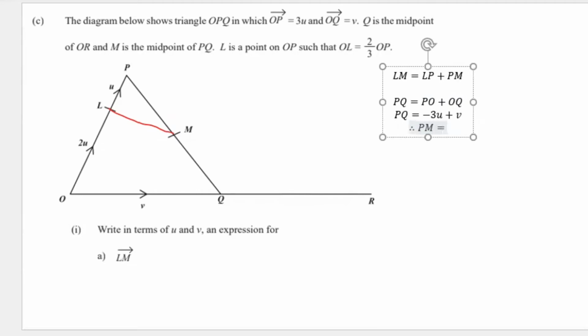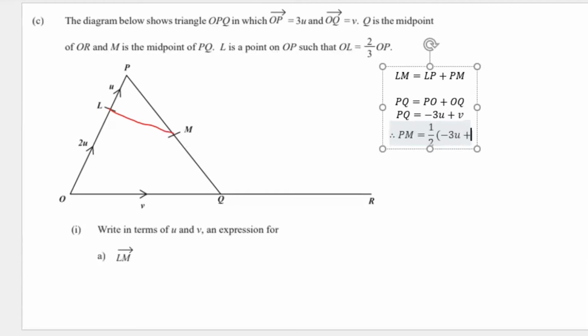Because remember it says that M is a midpoint on PQ, PM is equal to a half being multiplied by minus 3u plus v. So this would be the reading for PM. You could work this out in more detail to give us minus 3u over 2 plus v over 2. Any way that you choose to put this in your formula, it is totally fine.